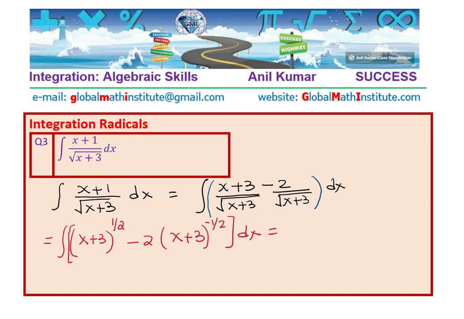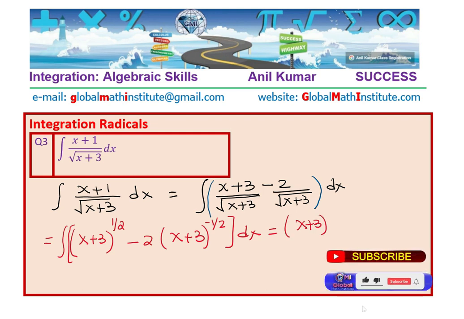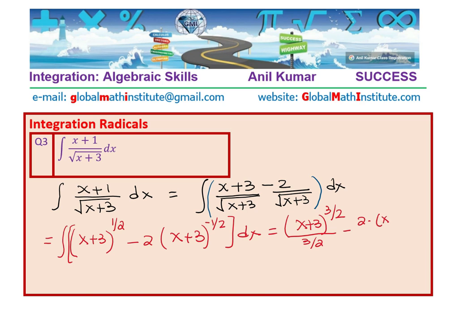Now apply the power rule. So we have x plus 3 to the power of half plus 1, which is 3 by 2, over 3 by 2, minus 2 times x plus 3 to the power of half over half, and plus c, the constant. Now you can simplify and write down your final answer.